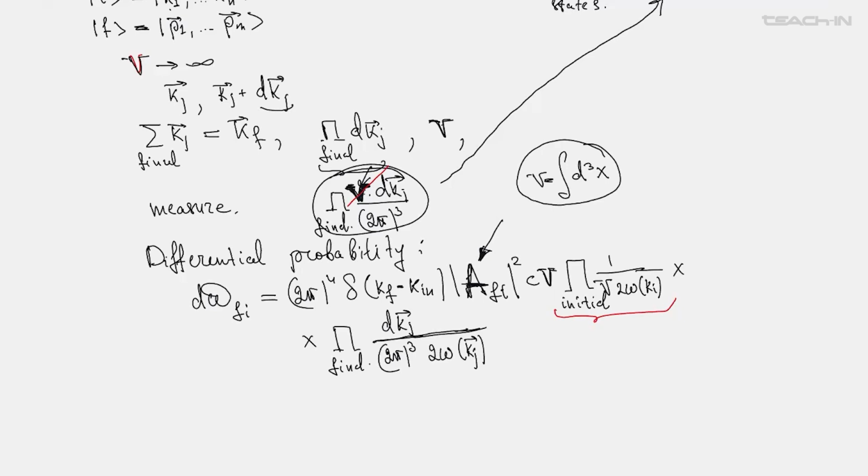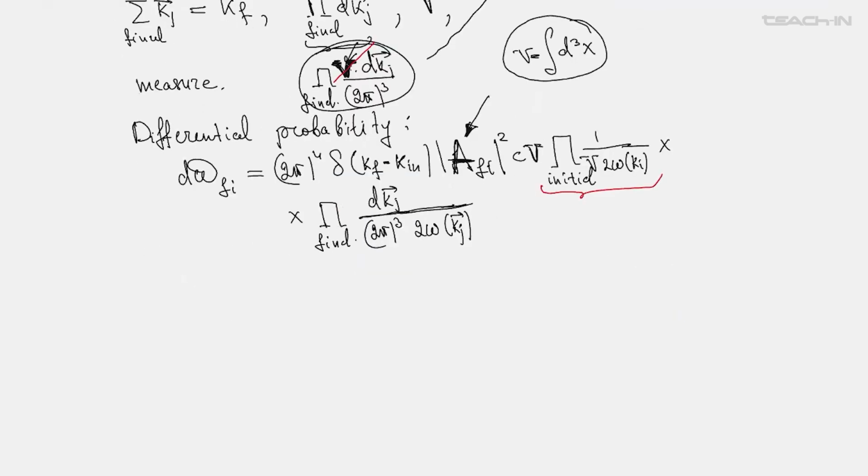Now, this differential probability can be rewritten, presented in a slightly different form.